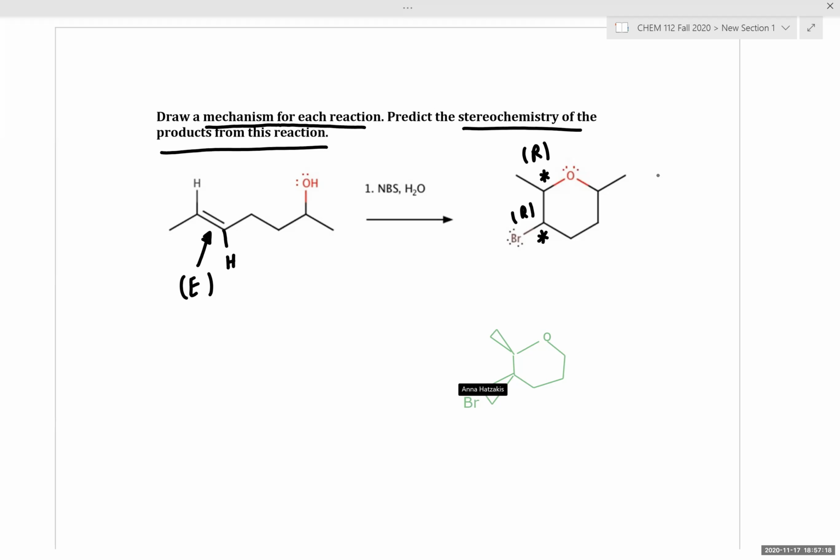Okay, perfect. So we have the proposed stereochemical assignment. Does anyone else have a proposal for the product stereochemistry? Would anyone else like to share their proposed stereochemical assignments for the product?